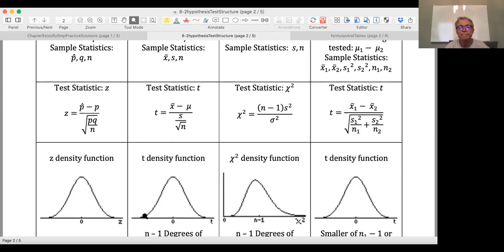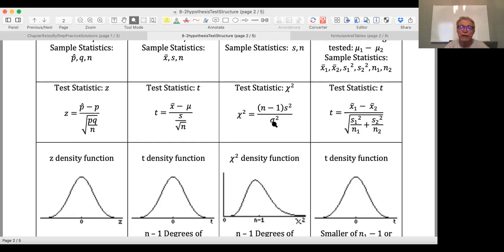Not in the middle. And similarly for the chi-squared, we don't have a difference now, we have a ratio instead. If the assumed value of sigma is true, then sigma squared is going to be the true sigma squared, and S squared is going to be a good estimate of sigma squared.